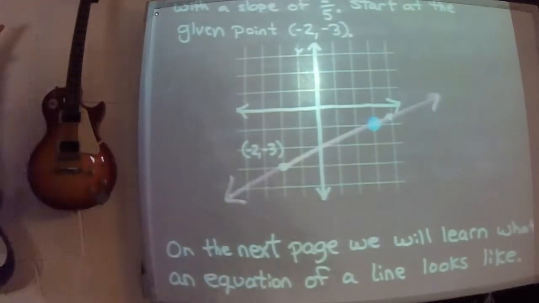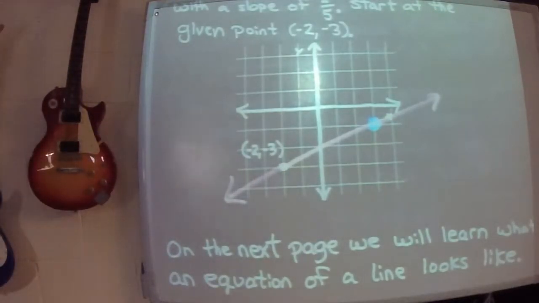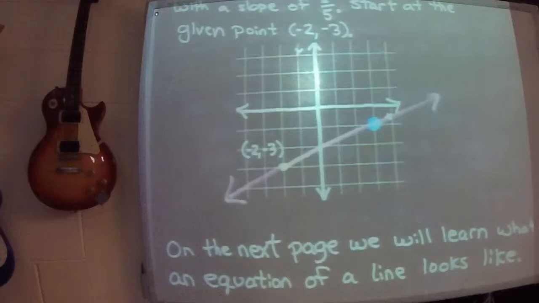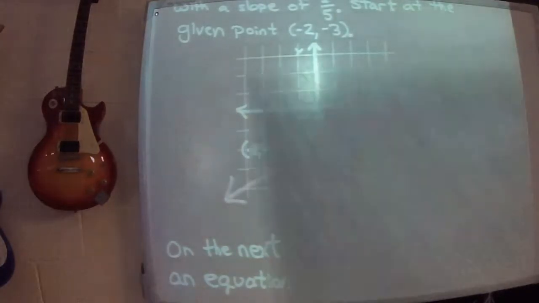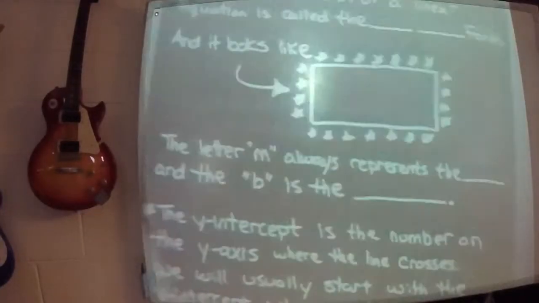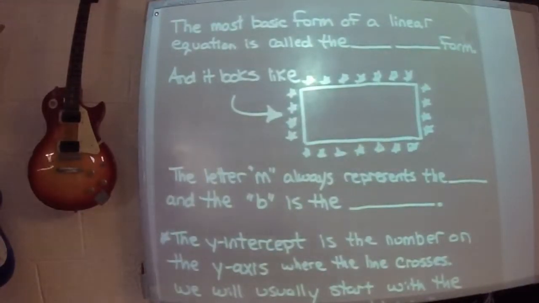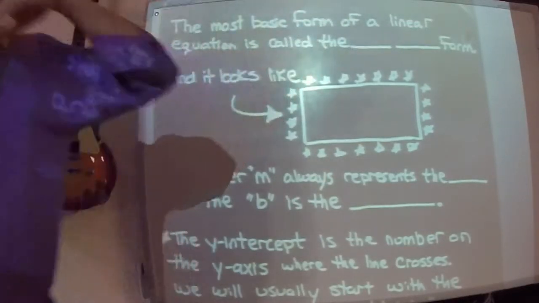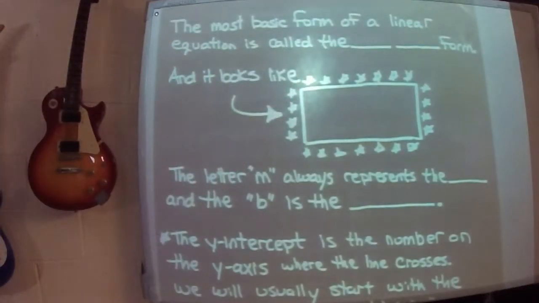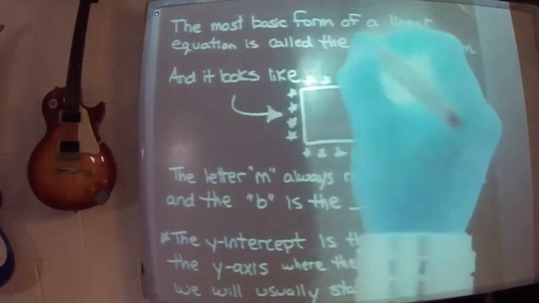All right, on the next page, you're going to see what the equation of a line looks like, starting with the most basic form of a linear equation. You're going to have to get very, very familiar with this. The most basic form of a linear equation is called slope-intercept form.